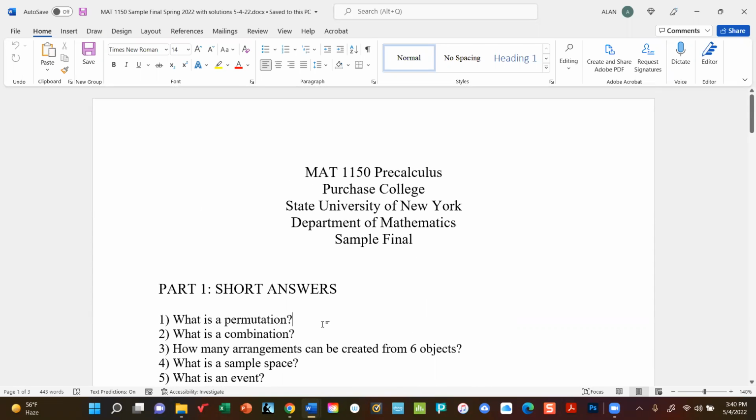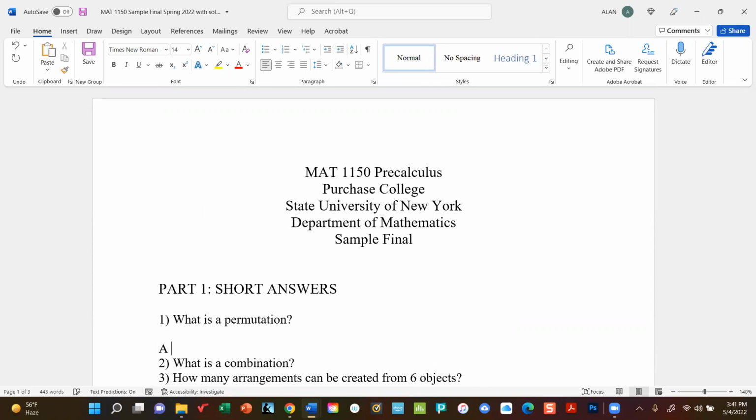So let's see what's going on here. First of all, what is a permutation? Well, a permutation, you recall from chapter 11, is a case where we're selecting objects from a larger collection where the order of selection matters.